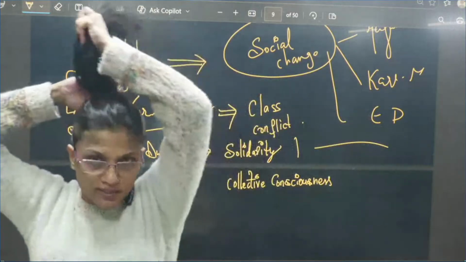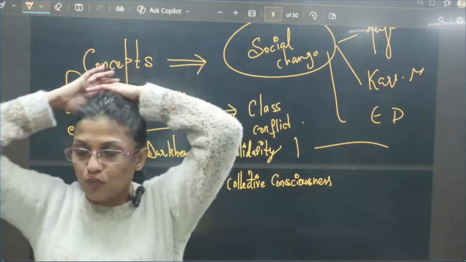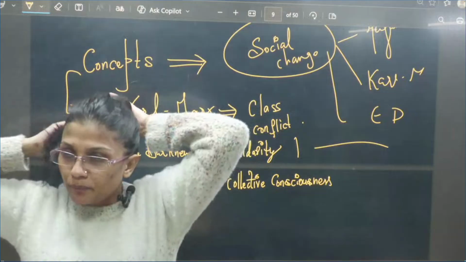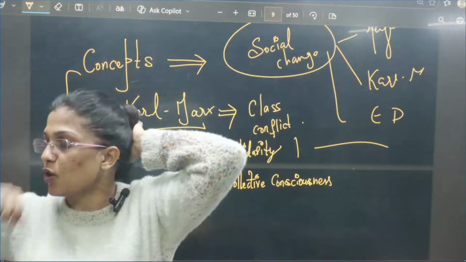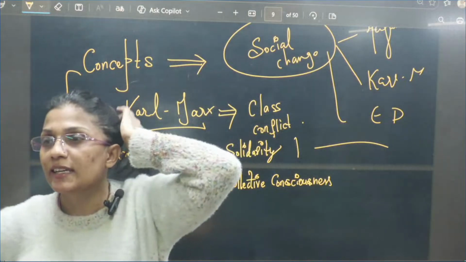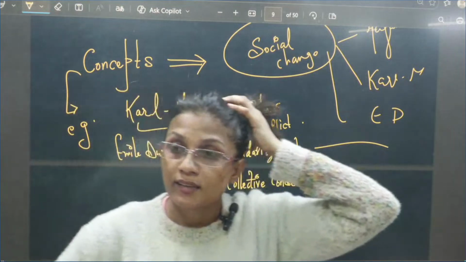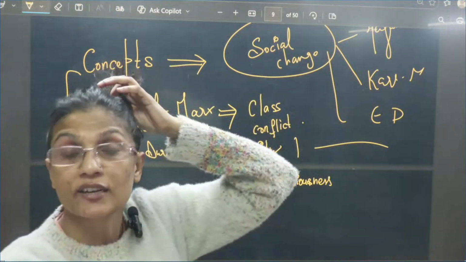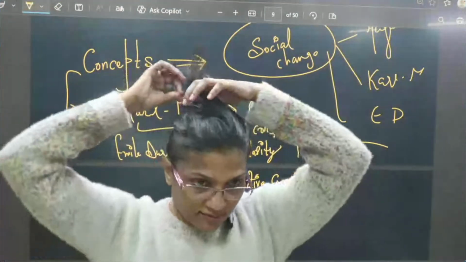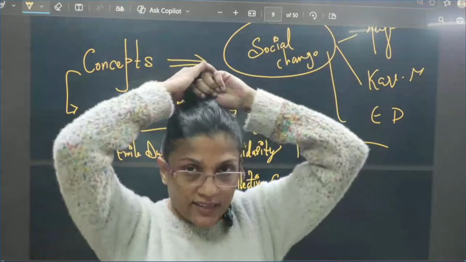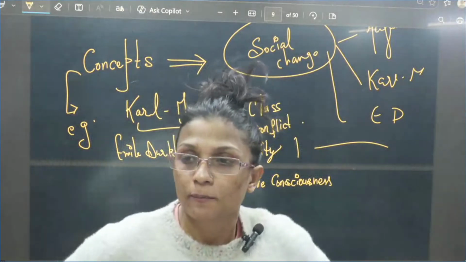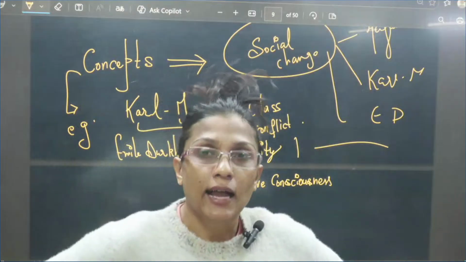UPSC, I think 2 years back, asked a question on the differences between gender empowerment and also gender equality, and there was one more concept, gender equity. This question came in GS1. So you people are actually lucky.